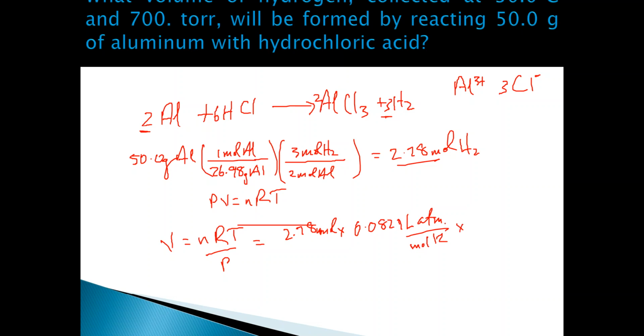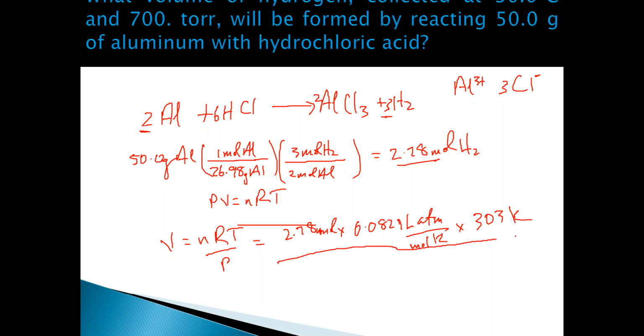times the temperature. What's the temperature? Well, the question says 30 degrees, but remember, we have to convert that to Kelvin in order to use the ideal gas equation. So 30 plus 273, and that would be equal to 303 Kelvin, all divided by the pressure.